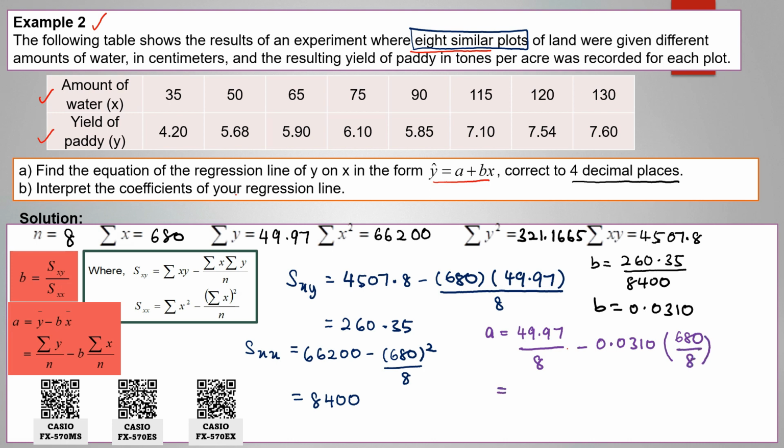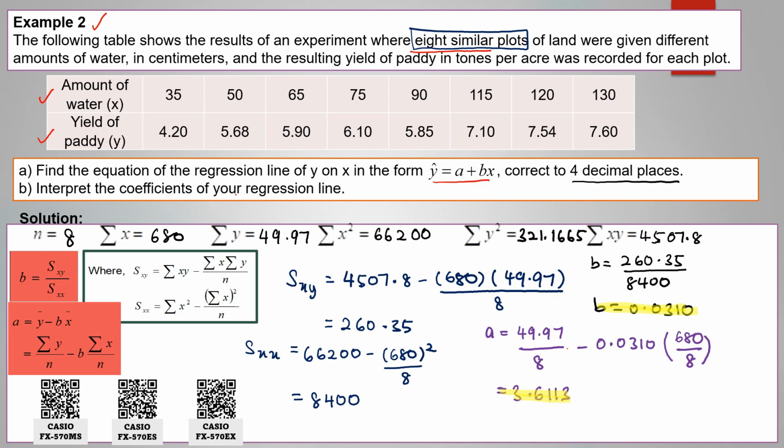So the value of A would be 3.6113. So here we have the value of A and the value of B.